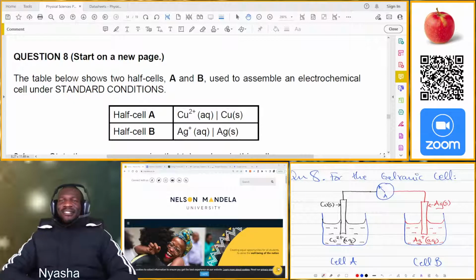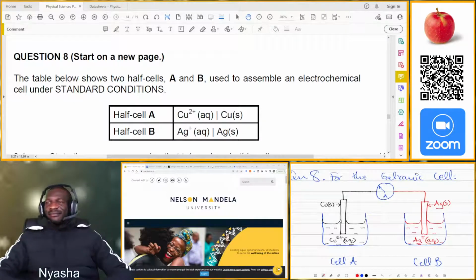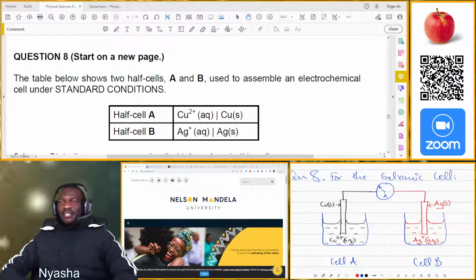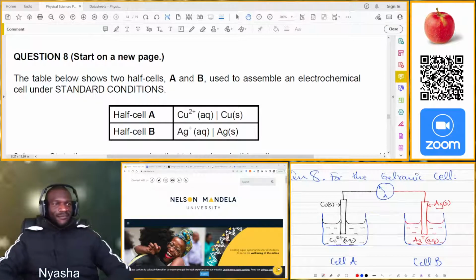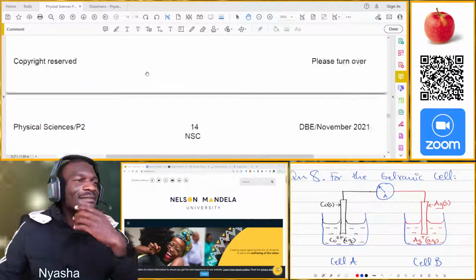What's left? What do you think? We need something. What can we put there? You can even compare. Look at this.